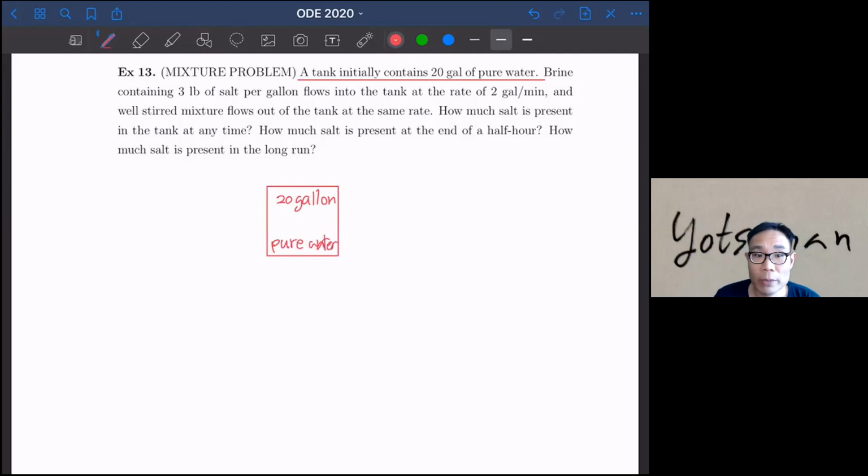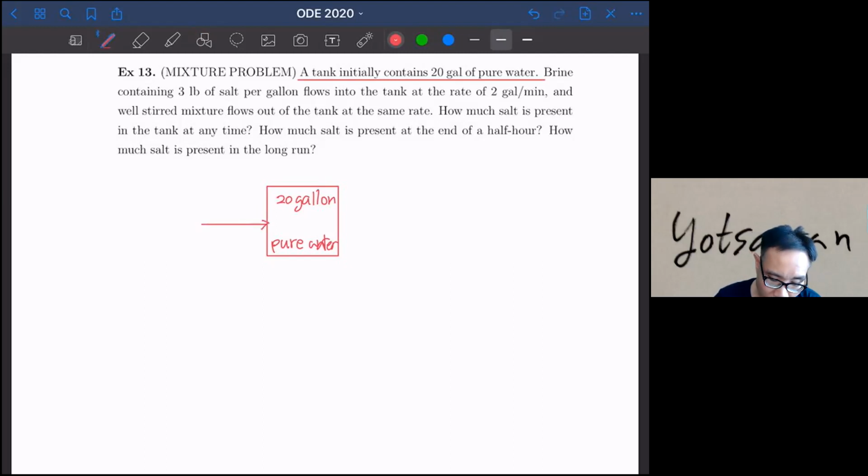The experiment begins with brine containing 3 pounds of salt per gallon flowing into the tank at the rate of 2 gallons per minute. From this sentence we gather that something flows into the tank, so I'm going to draw an arrow like this.